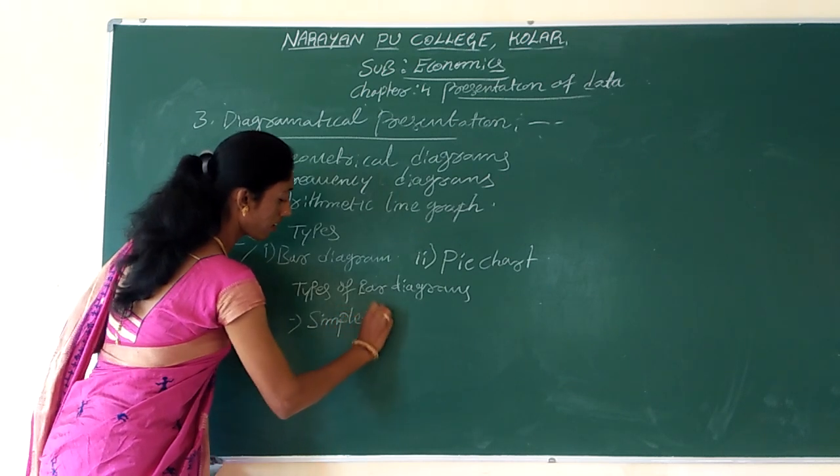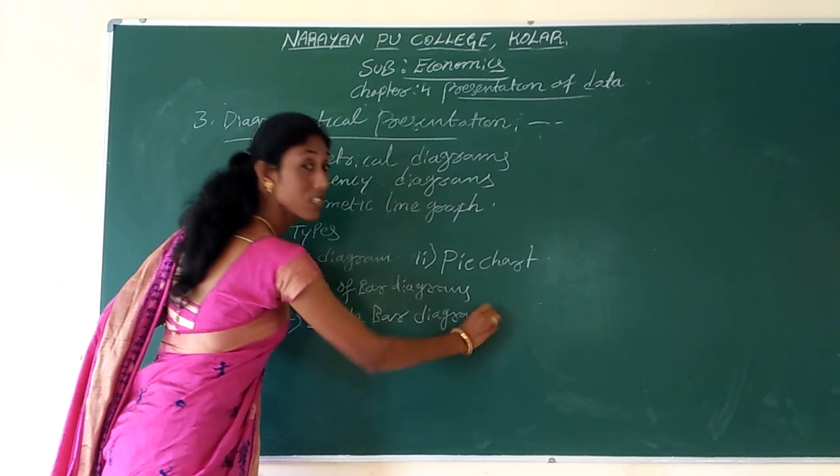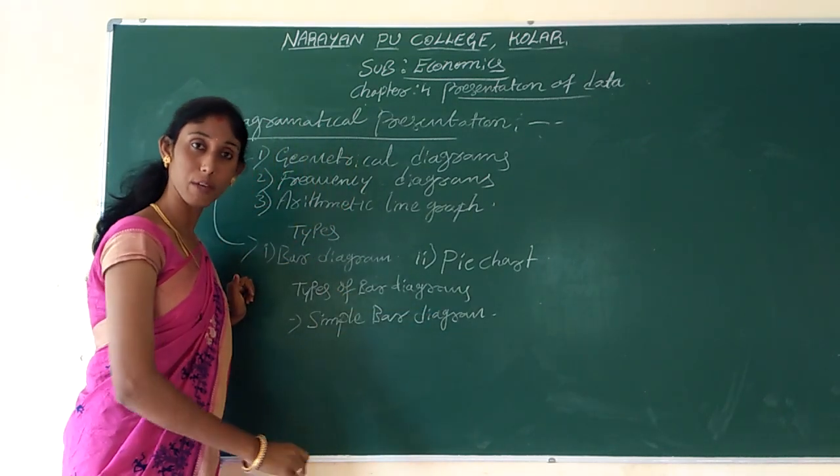Likewise, to present a single variable, the simplest form of bar diagram is the simple bar diagram. We already started discussing this in the previous class.